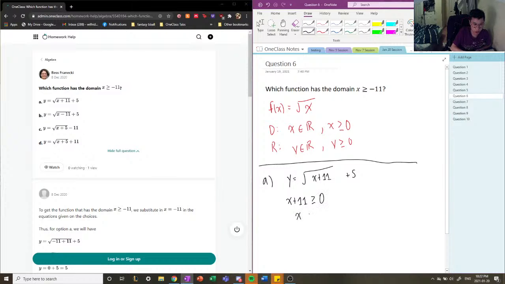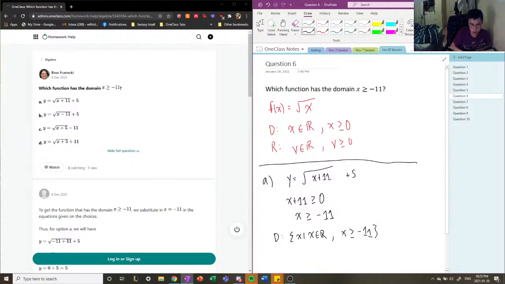Well, if we isolate for x, we're going to have x greater than or equal to negative 11. So this is our domain right here. By finding the values of x that satisfy this inequality, we have found our domain. Therefore, the domain of this is x such that x belongs to all real values, except that x has to be greater than or equal to negative 11.